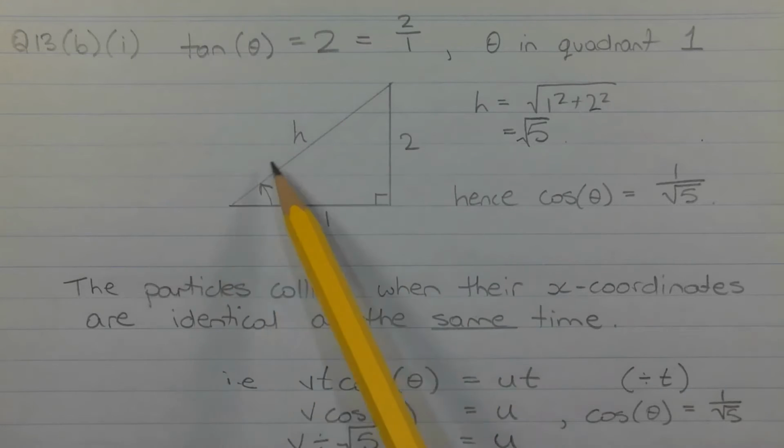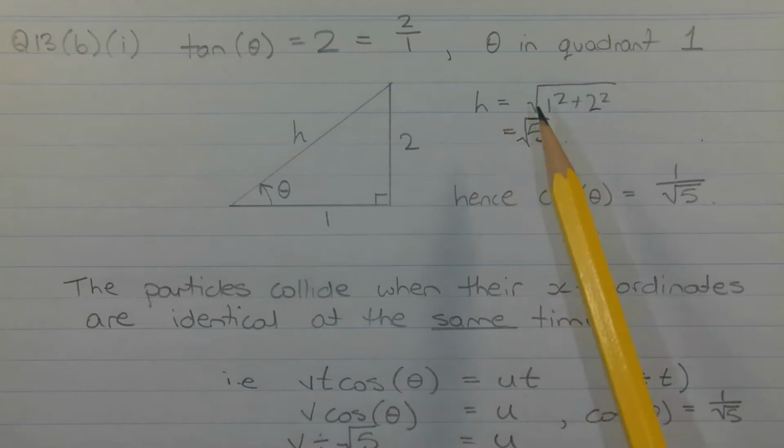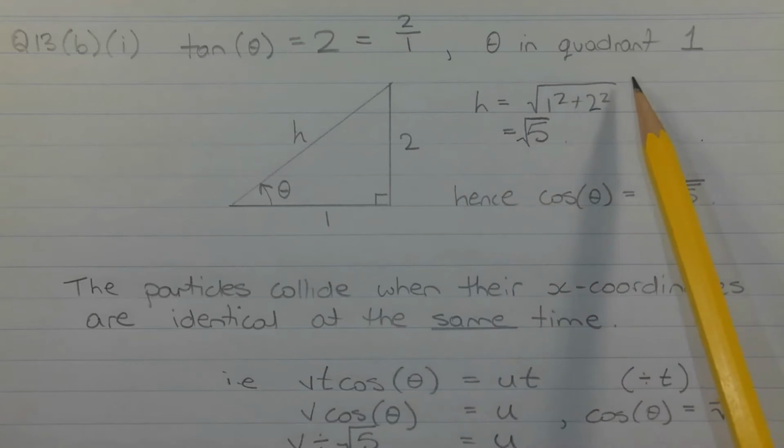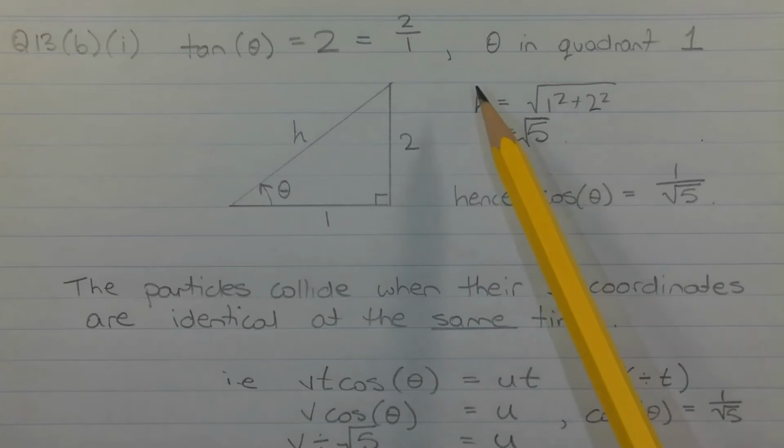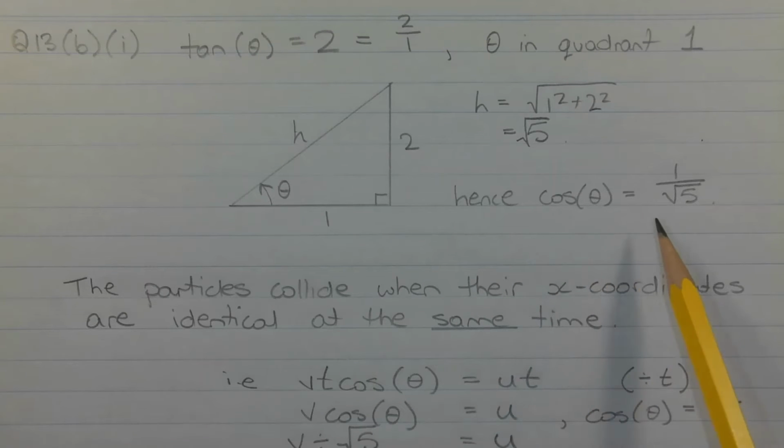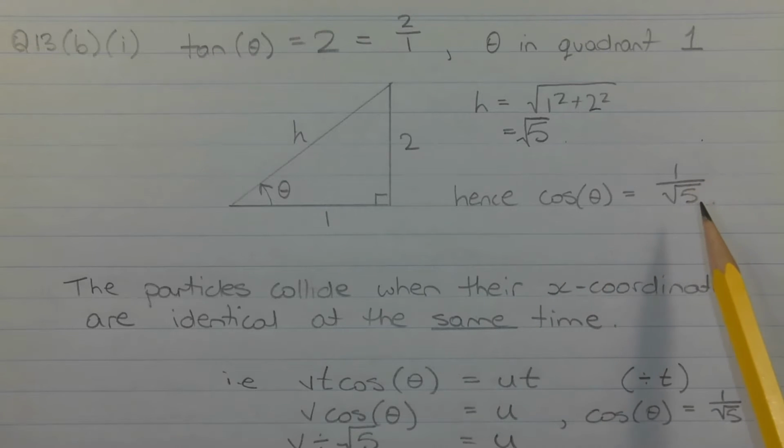So to find the length of the hypotenuse, we use Pythagoras' theorem. So h is equal to the square root of 1 squared plus 2 squared, and 1 squared plus 2 squared is 5. So h is equal to the square root of 5. Hence, cos theta is equal to adjacent over hypotenuse, so that's 1 over the square root of 5.